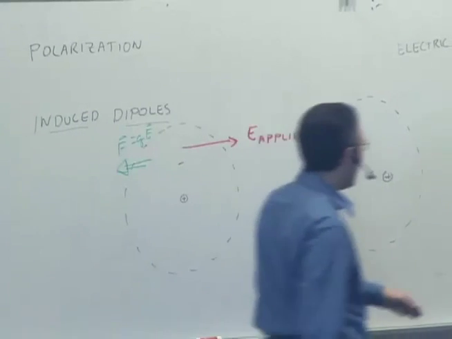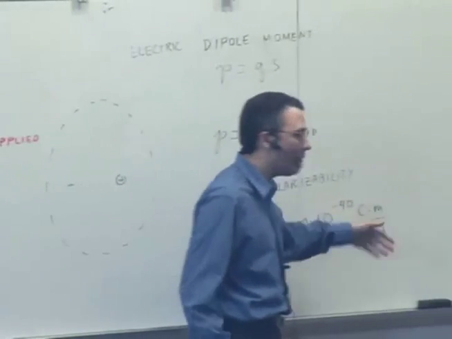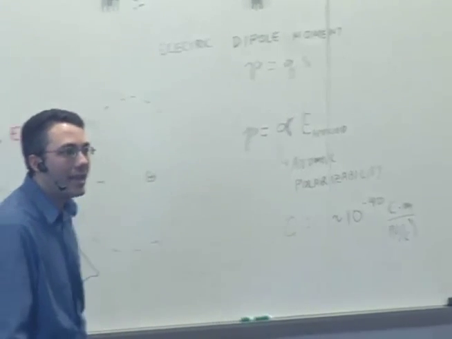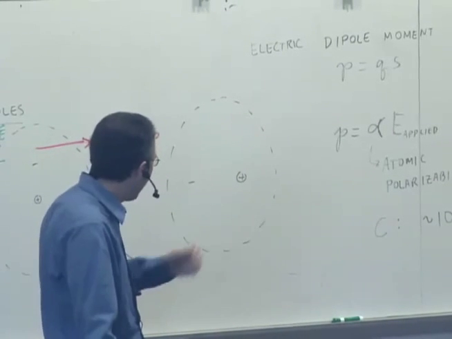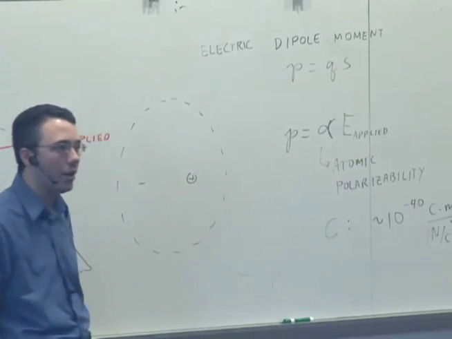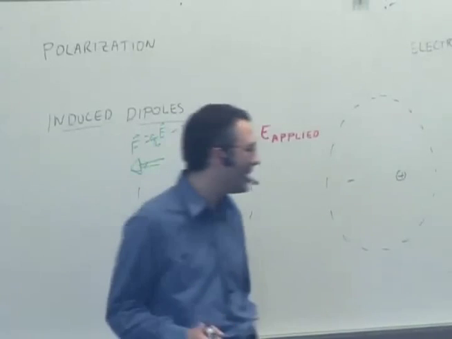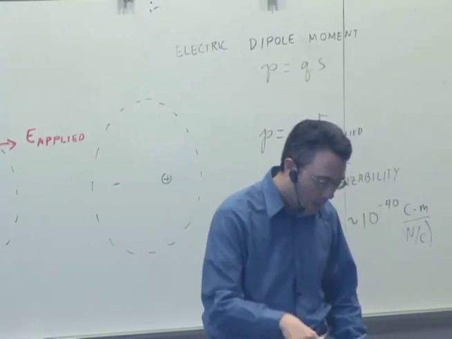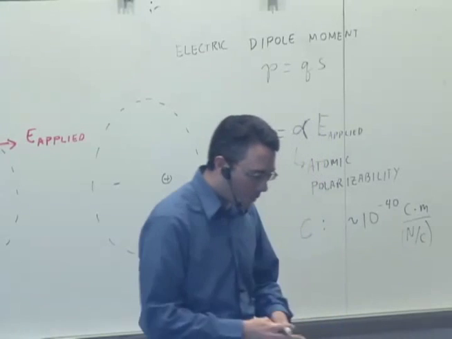This is a pretty tiny number, but when you have lots and lots and lots of atoms in a material, then it adds up. Okay, so you get to see large effects. We can see the tape being attracted to my hand, even though the individual molecules may be polarizing only a tiny, tiny bit.